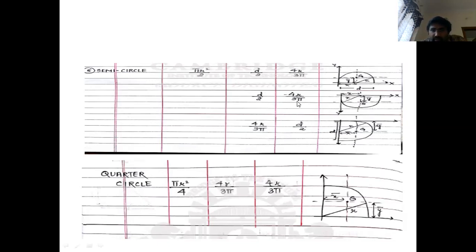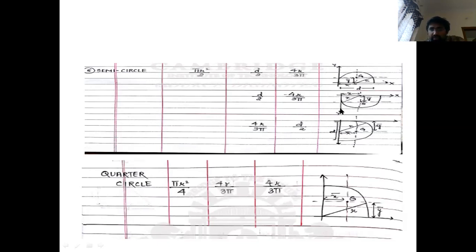And second, if you look here, this is one more semicircle, but it is located in the fourth quadrant. The sign conventions depend totally upon the quadrant in which the figure is lying.